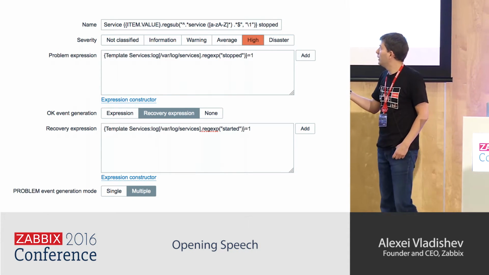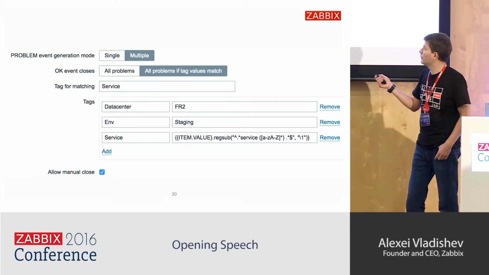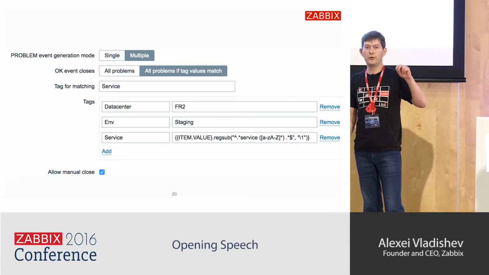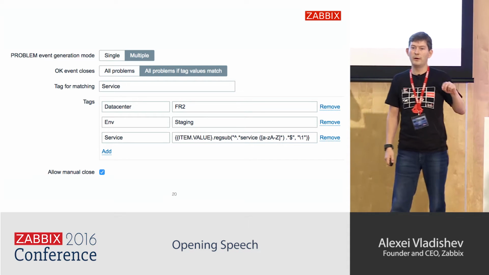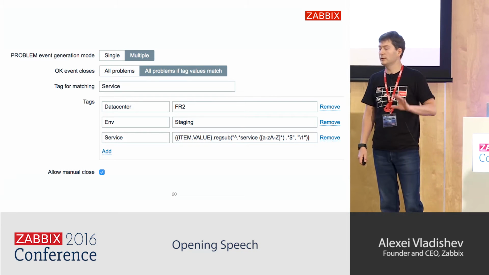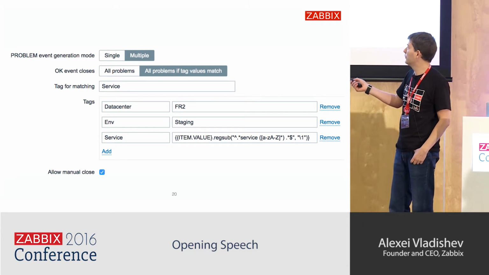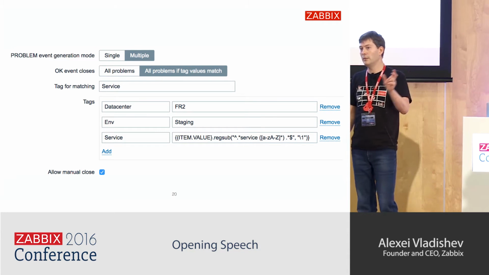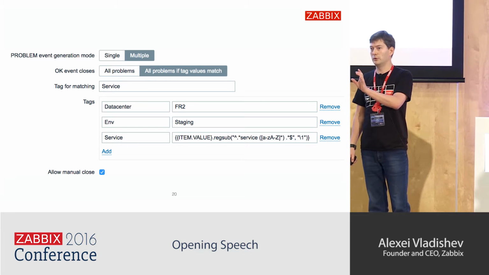So now this is the second page of the trigger definition. And now we may take advantage of the tags. For each trigger, we may have one or more tags, or zero, tags are optional. For this particular trigger, I have a few tags. A tag is basically a combination of a tag name and a tag value, which is optional.